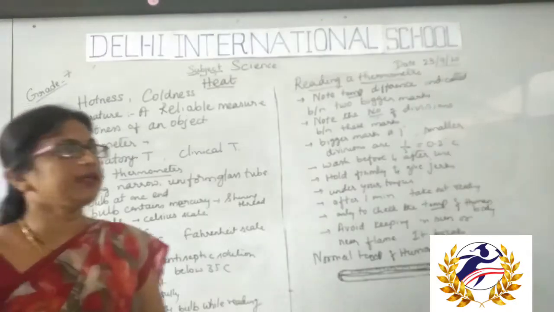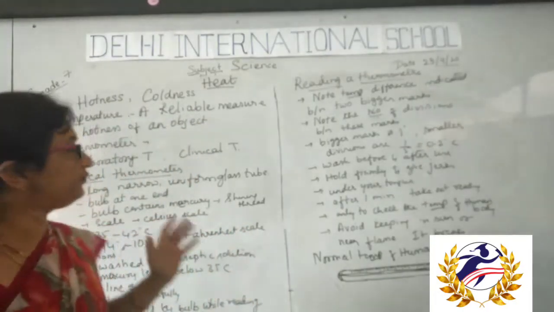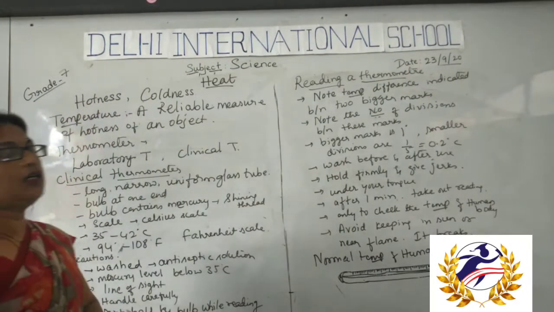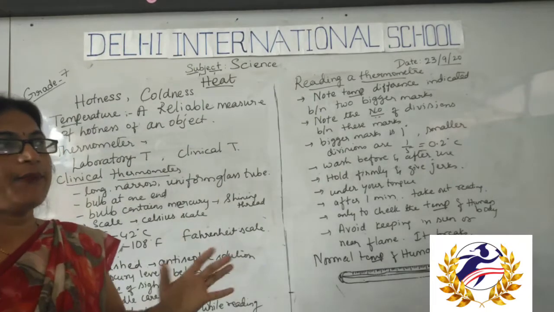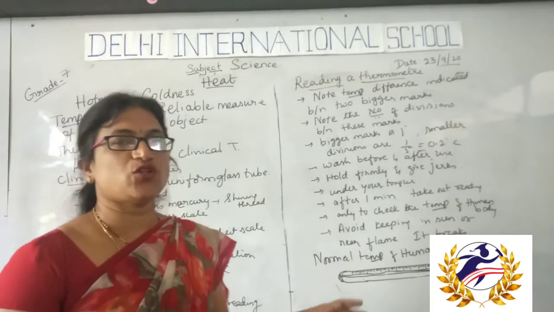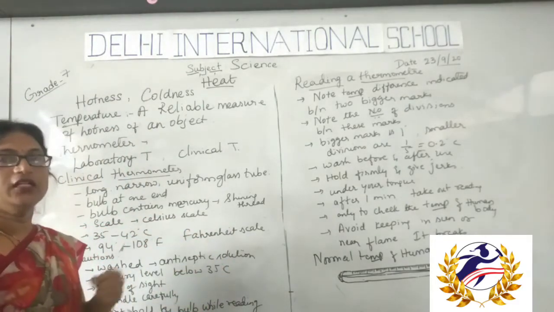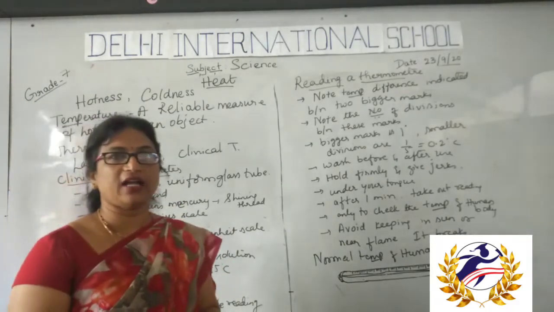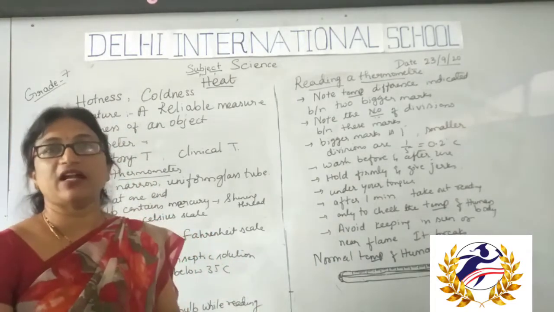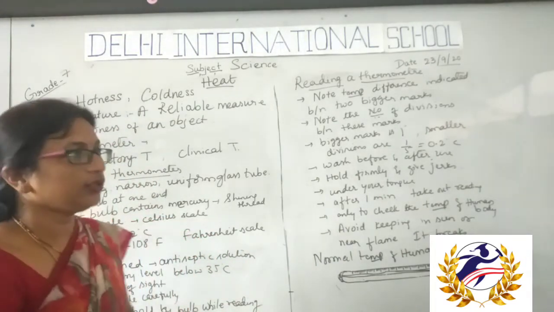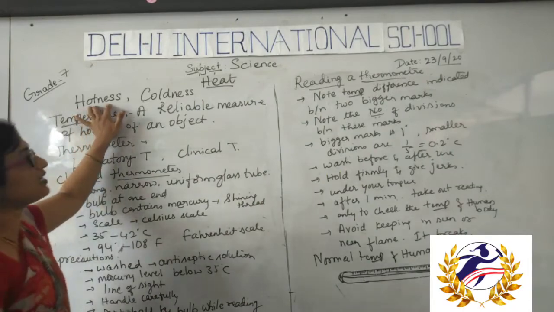Hotness means when the temperature of any object is more, that is called a hot object. Beyond the normal level, beyond what we cannot tolerate, we cannot resist, that temperature is called the hotness of the object.